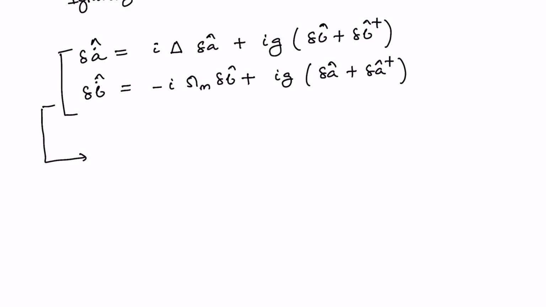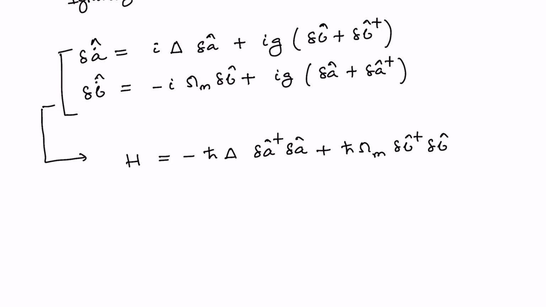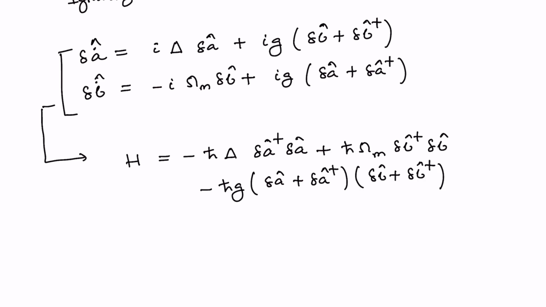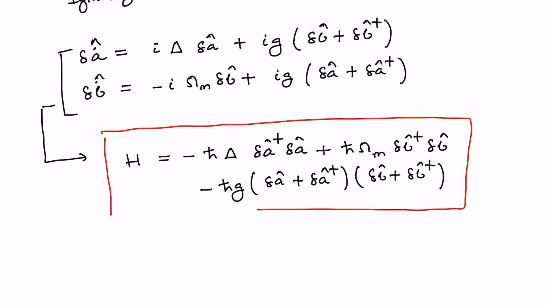You can get it from this Hamiltonian: H = −ħΔ δA†δA + ħΩm δB†δB − ħz(δA + δA†)(δB + δB†). This is our linearized optomechanical Hamiltonian, and you can very easily verify that you get this set of equations using the Heisenberg equation of motion.